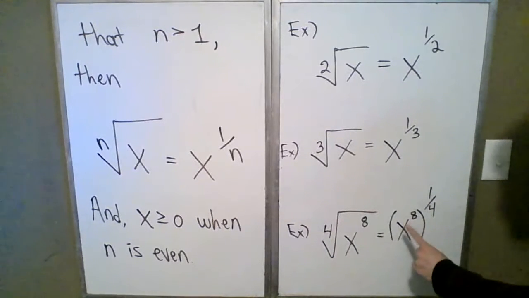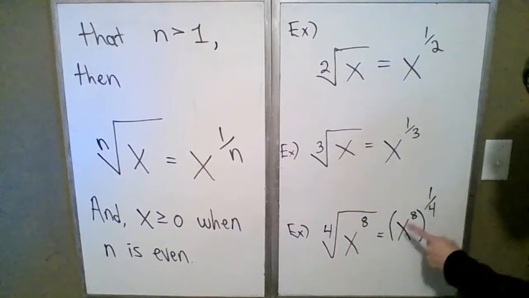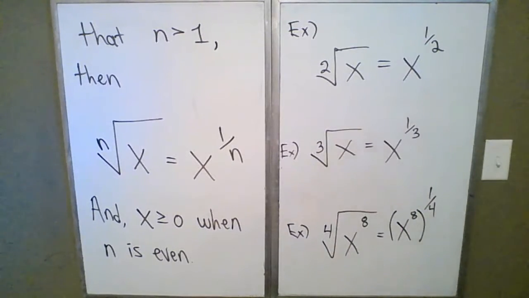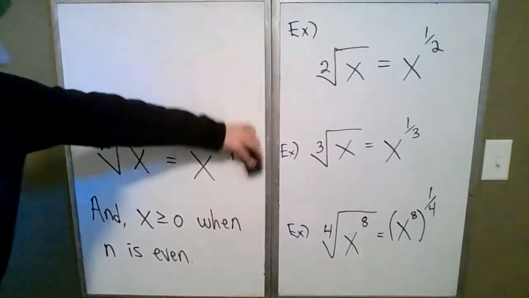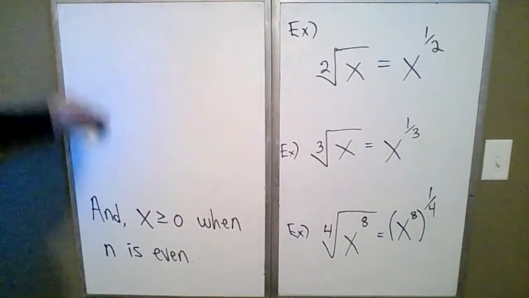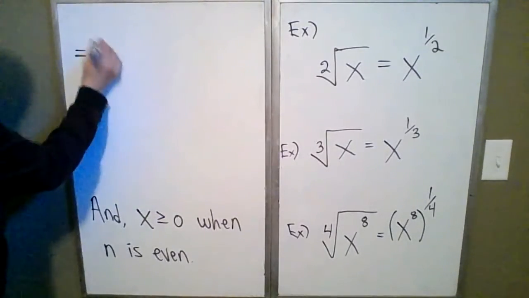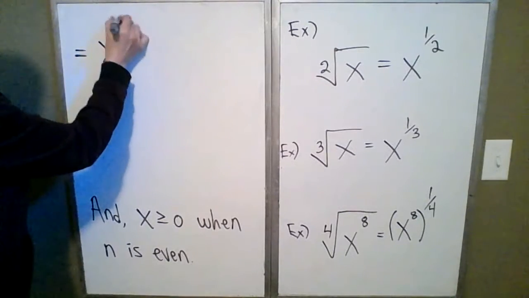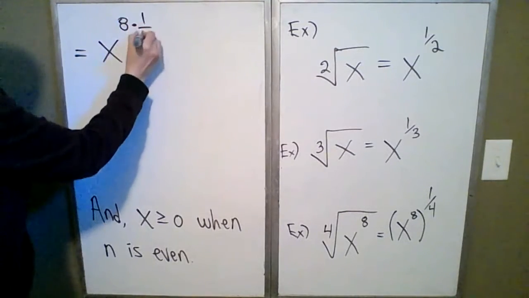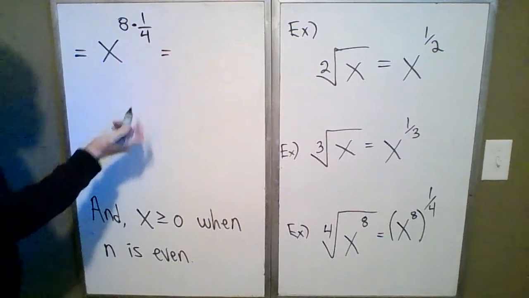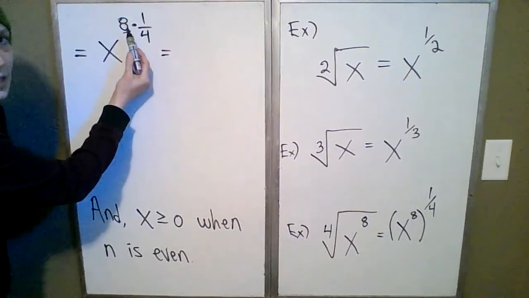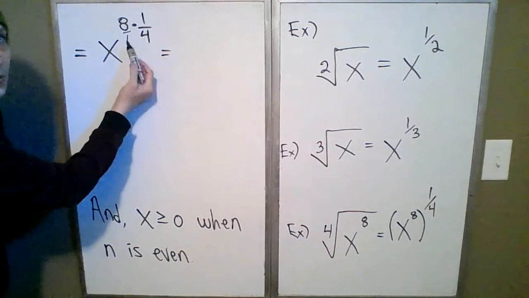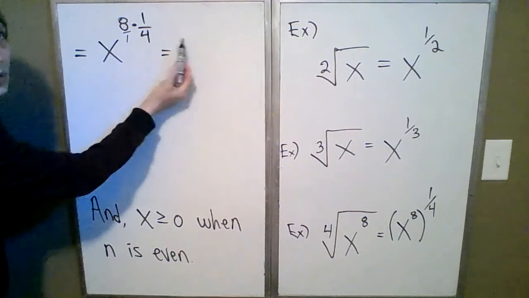Now with the exponent rules, a power to a power, you multiply those numbers together. So 8, I can put over 1 if it helps. 8/4, which would reduce to 2.